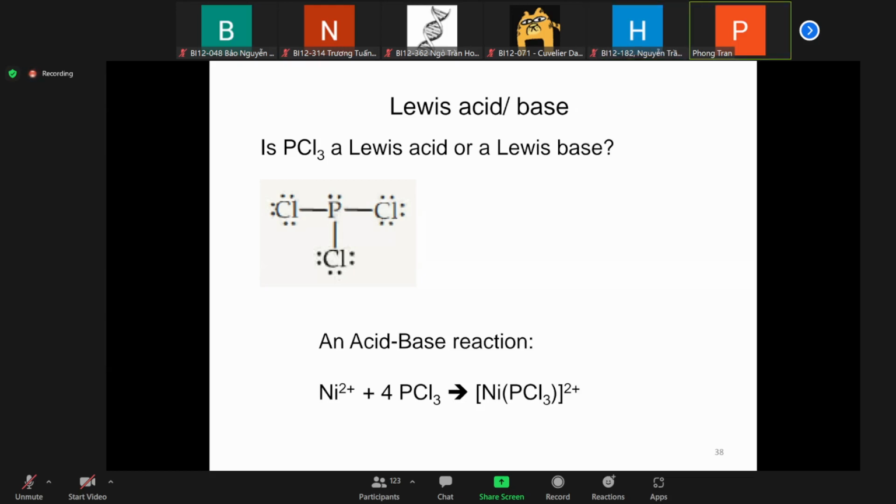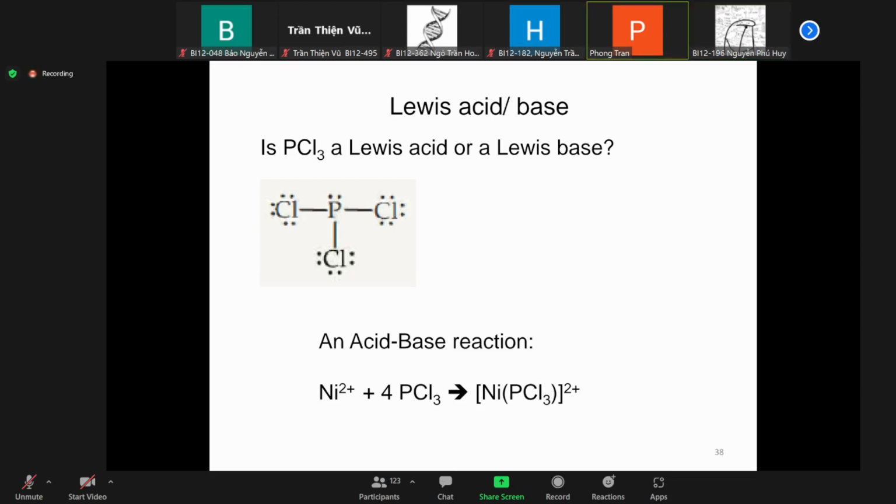Any other comment? I think it can be about the electron. Can you keep going? I think it depends on the charge of the compound. If the charge is negative, it is an acid. If it's positive, it's a base.